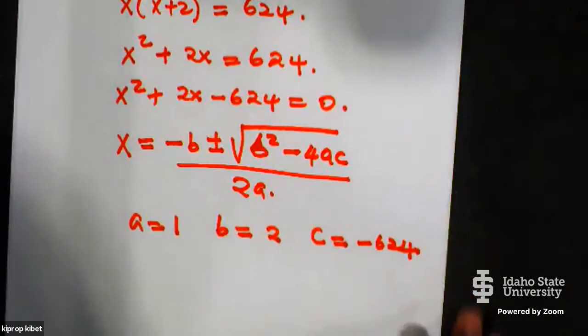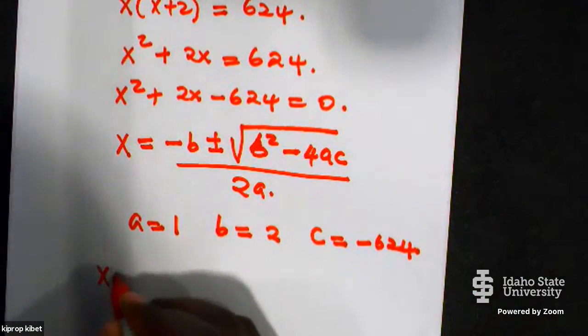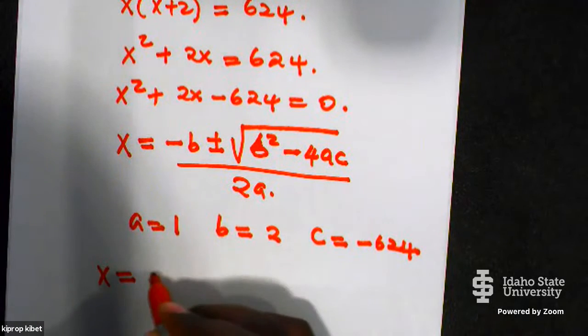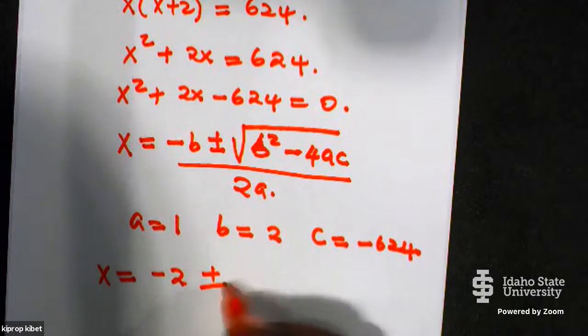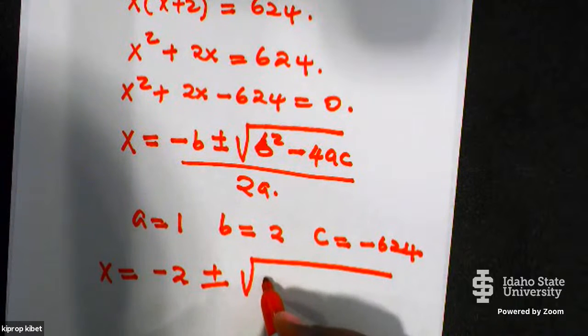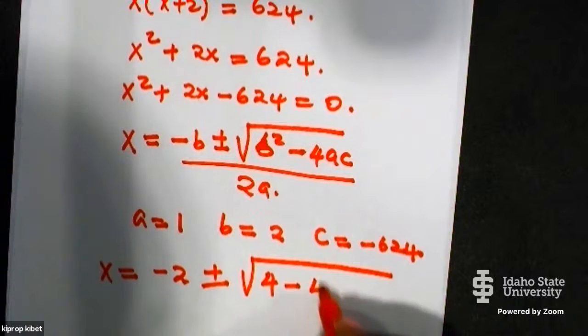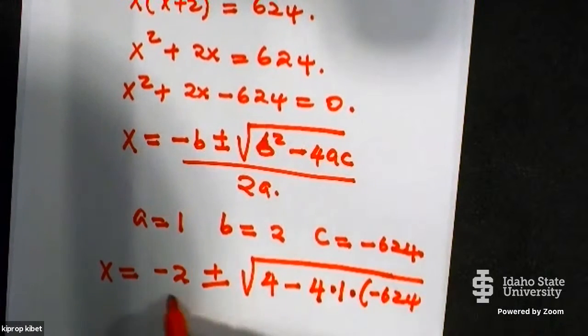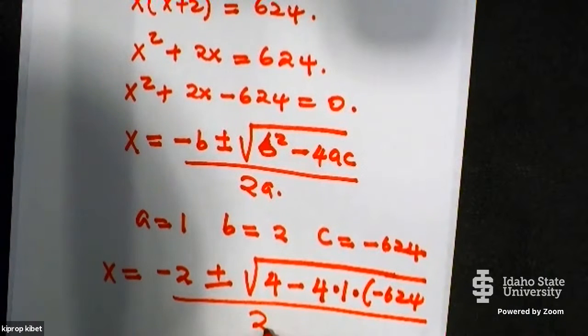Then we now substitute. So x equals our b, which is minus 2, plus or minus the square root of b squared, which is 4, minus 4 times a, which is 1, times our c, which is minus 624, all divided by 2 times a, which is times 1.